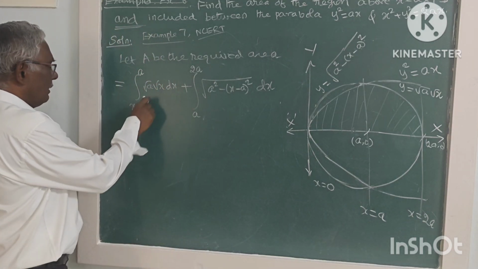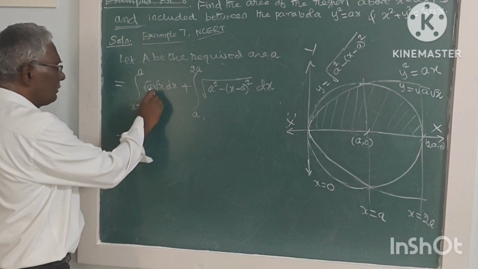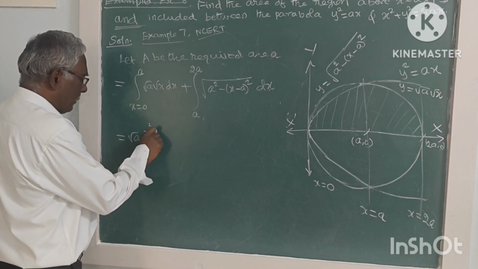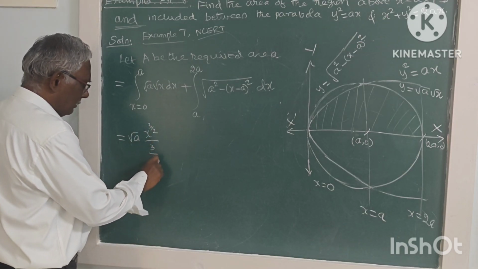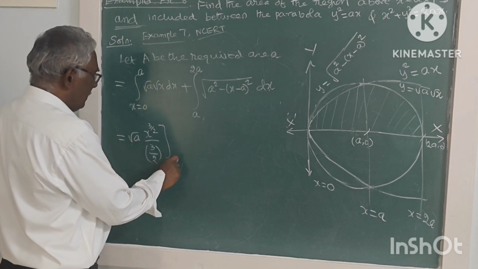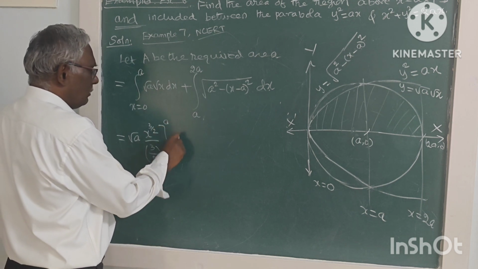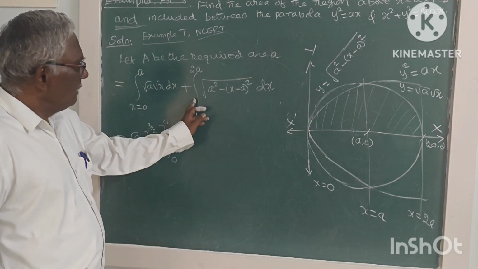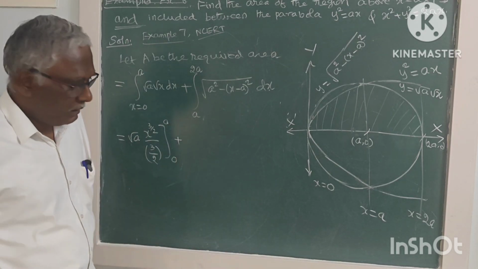So root a, if we integrate root x, what will come? X power 3 by 2 by 3 by 2, limit 0 to a, plus, then this is in the form of integral of square root of a square minus x square.